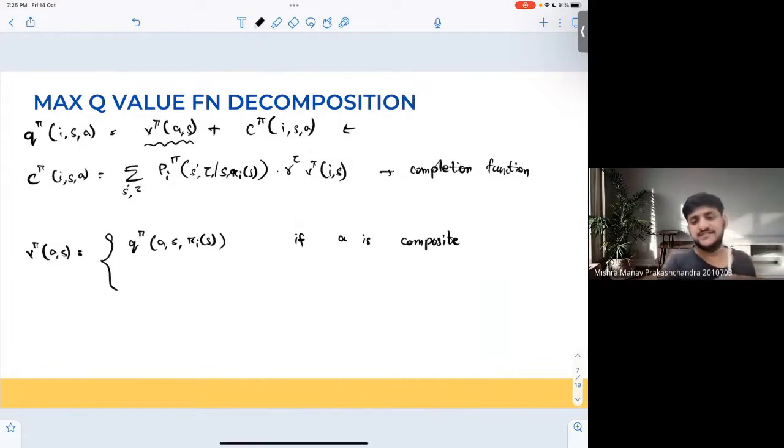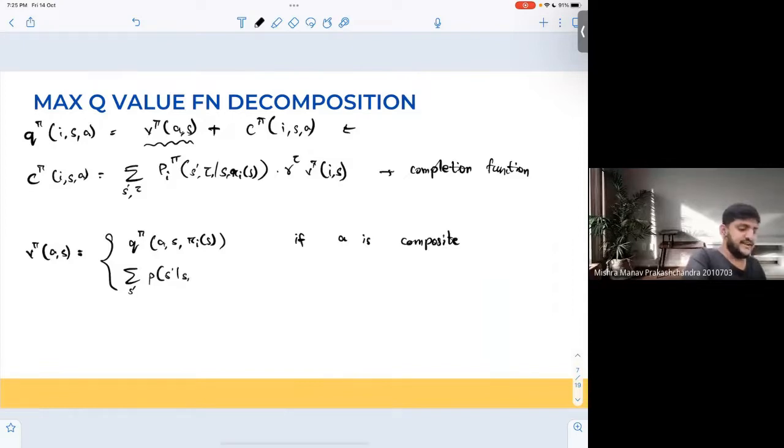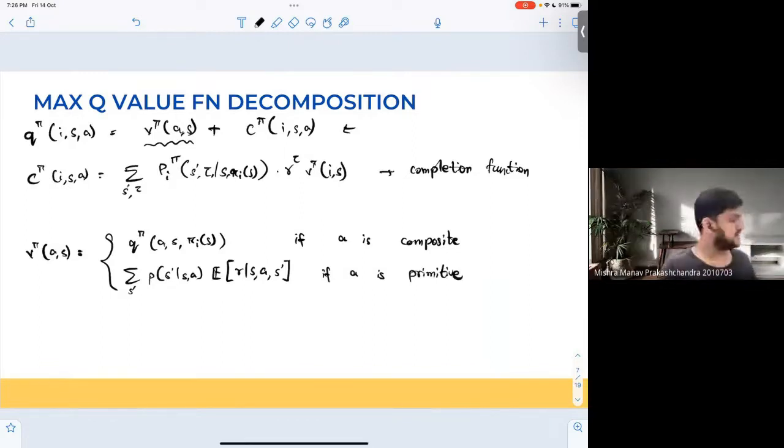So composite here means not a primitive action. Otherwise, if it's a primitive action, I simply take the immediate reward that I achieve on completing that action, right? This is the expected reward given a and s prime. This is done if a is primitive. Okay.